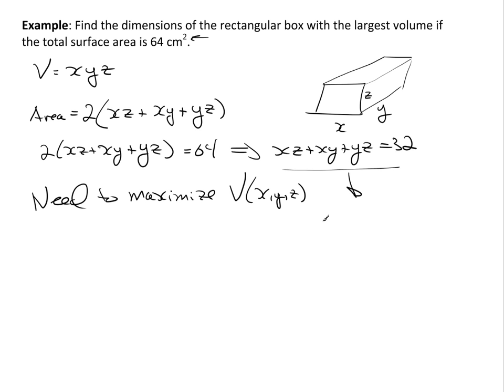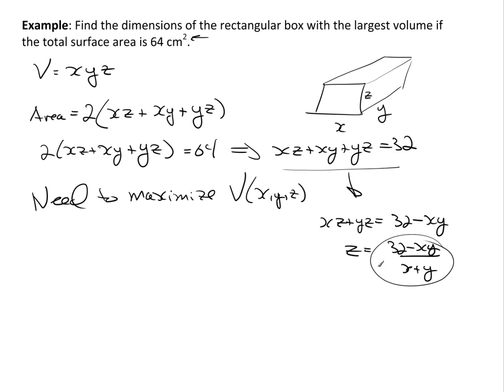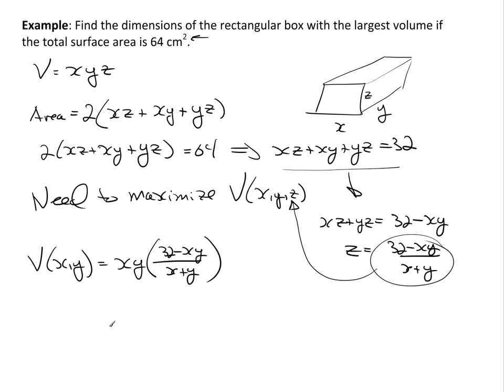And what I get is, let me see, xz plus yz equals 32 minus xy. So z is going to be (32 minus xy) over (x plus y). I can substitute that in right there. And that tells me that my volume as a function of x and y is going to be x times y times (32 minus xy) over (x plus y).